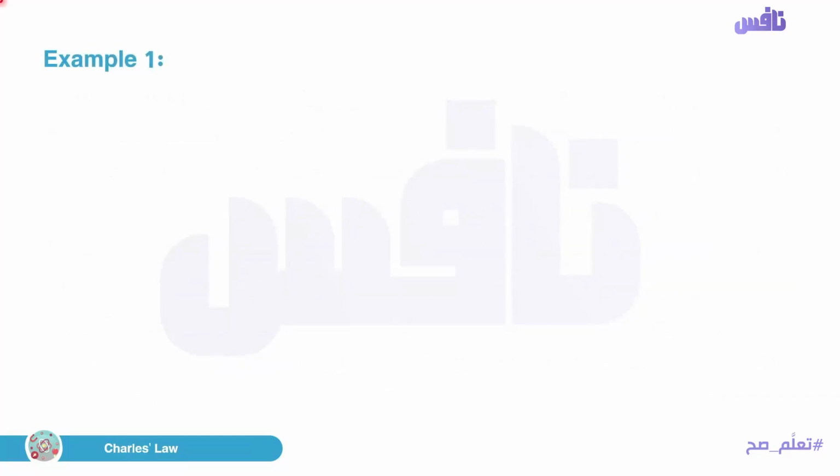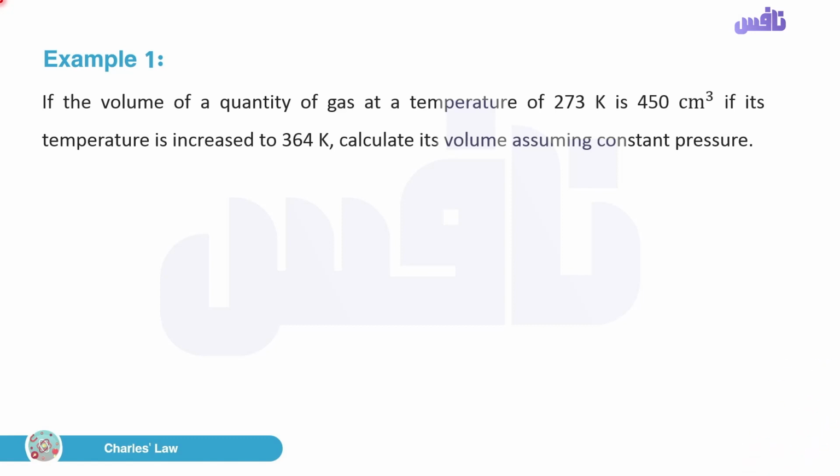Let's go to example 1. If the volume of a quantity of gas at a temperature of 273 Kelvin is 450 centimeter cube, and if its temperature is increased to 364 Kelvin, calculate its volume assuming constant pressure. We have given the first temperature T1 then V1.